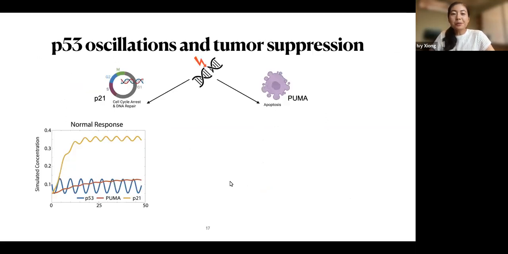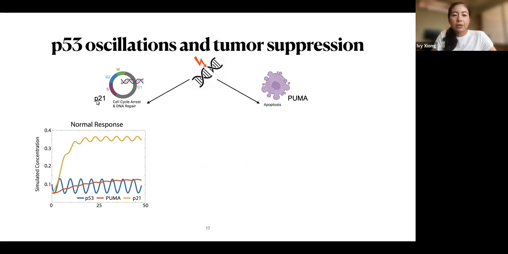So the first thing we can do is that now we have a mathematical model specifying P53 dynamics that has the oscillatory features. There are a number of things we can do. The first thing I did was looking at how P53 can coordinate cell cycle arrest and DNA repair versus apoptosis.